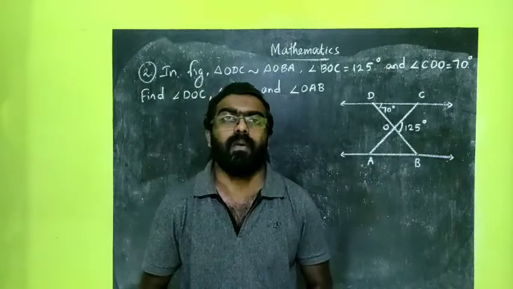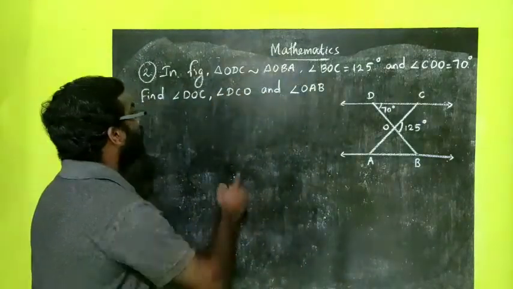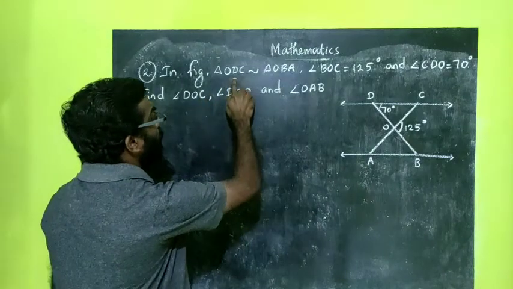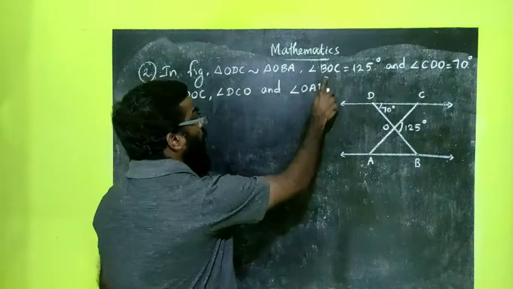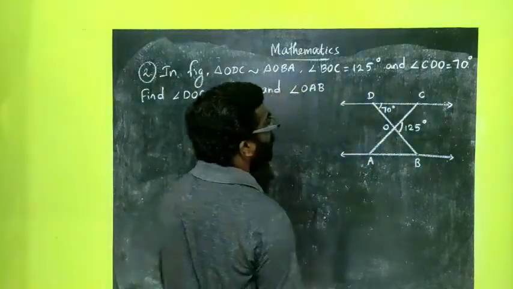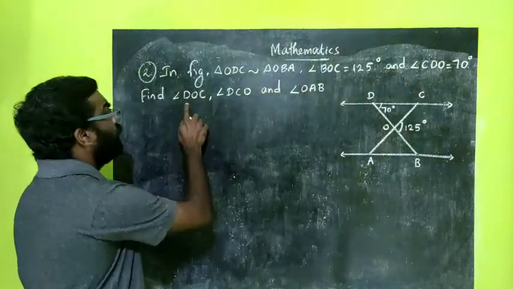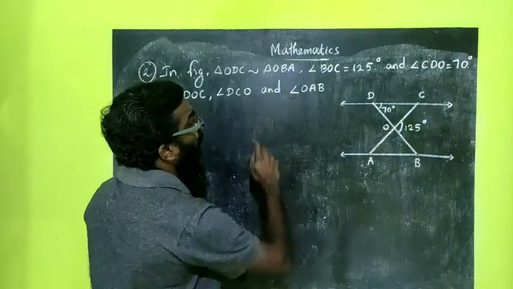Now we move on to the second question in exercise 6.3. In figure, triangle ODC is similar to triangle OBA. Angle BOC equal to 125 degree and angle CDO equal to 70 degree. Find angle DOC, angle DCO and angle OAB.